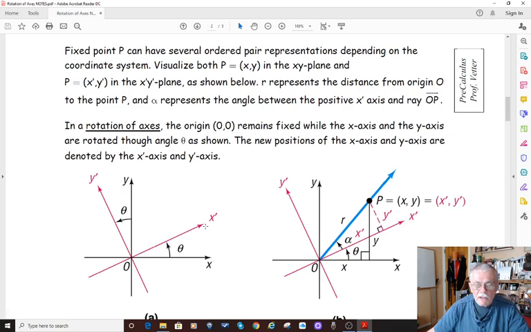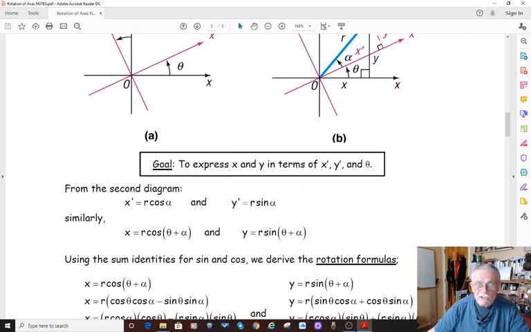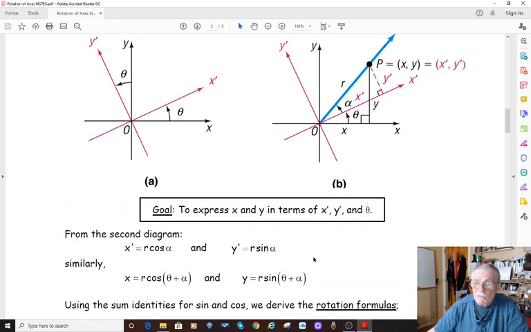Angle theta represents the rotation of the coordinate system, and angle alpha represents the angle between the new x prime axis and OP. Our goal here is to express x and y in terms of x prime, y prime, and theta.